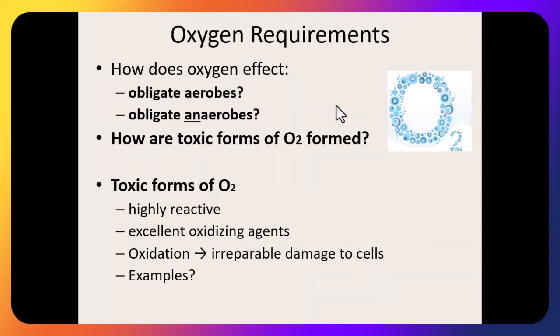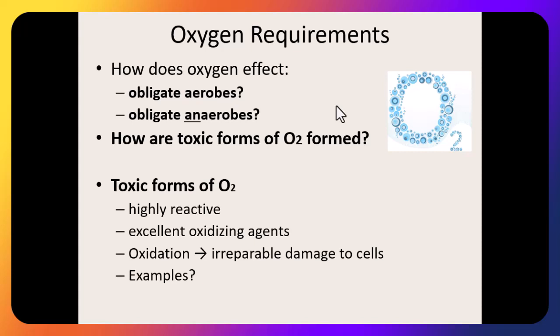Now, the oxygen requirement, which gets lots of slides because there are lots of different types of oxygen requirements depending on the organism. Organisms are at either end of the spectrum, and then there's a whole bunch of grayish area. A lot of organisms are what we consider obligate aerobes.